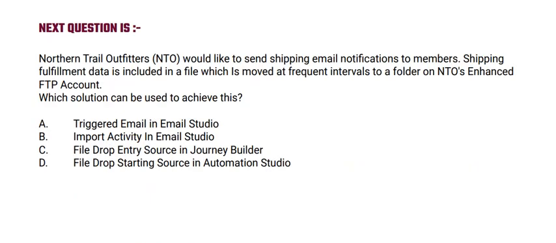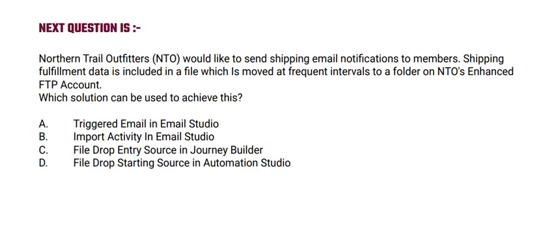Next question is: Northern Trail Outfitters, NTO, would like to send shipping email notifications to members. Shipping fulfillment data is included in a file which is moved at frequent intervals to a folder on NTO's enhanced FTP account. Which solution can be used to achieve this?